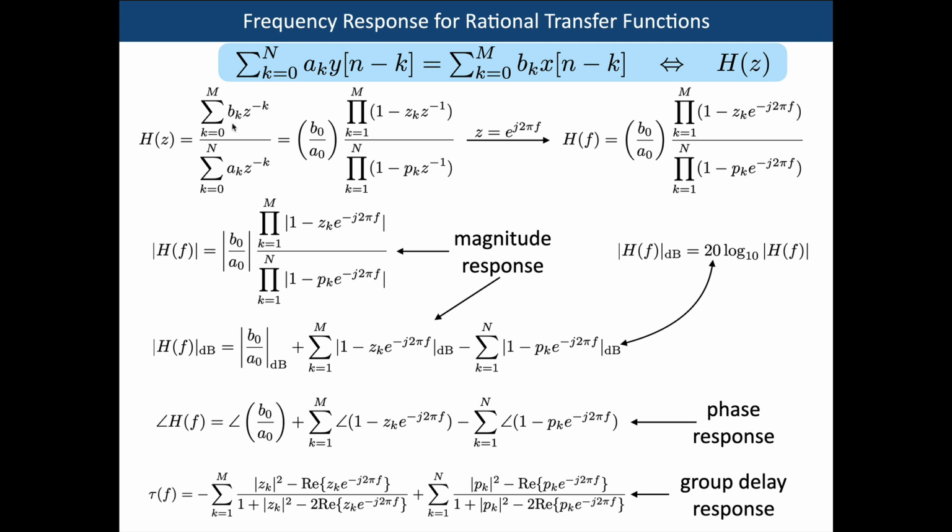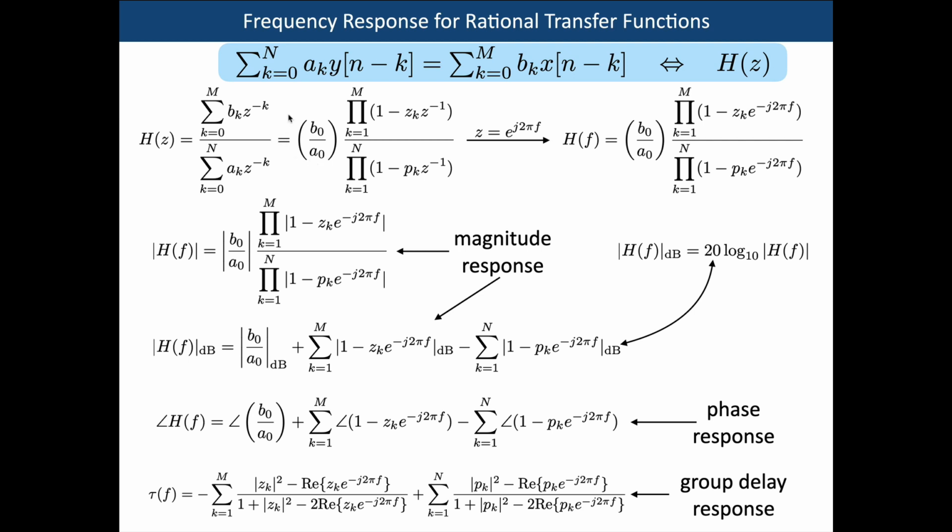The coefficients in the numerator polynomial come from the input terms, and the coefficients in the denominator polynomial come from the output terms. Usually we assume that a sub 0 is 1, but in the work here I'm not assuming that. But things can certainly be scaled so that that is the case.